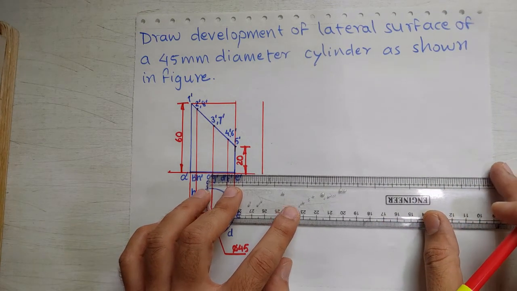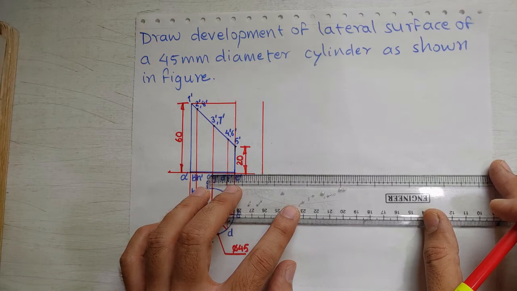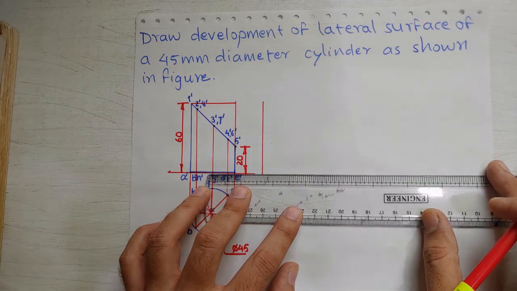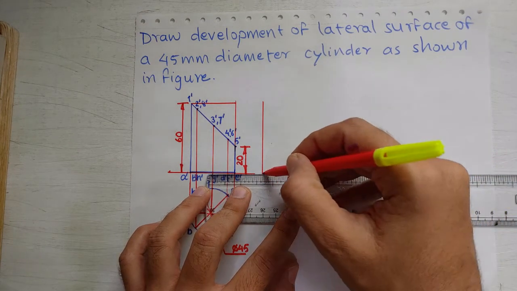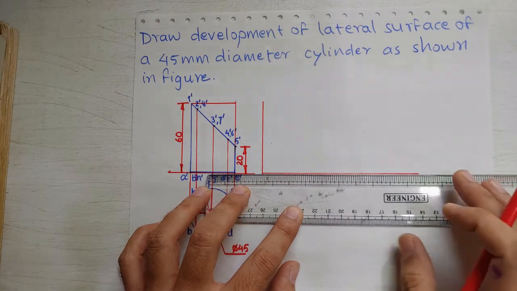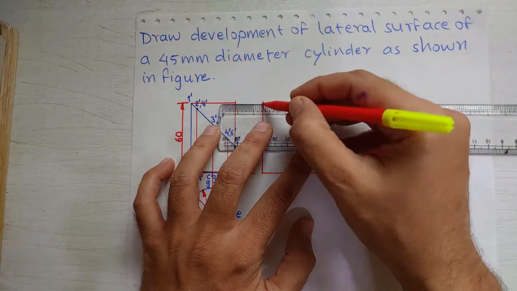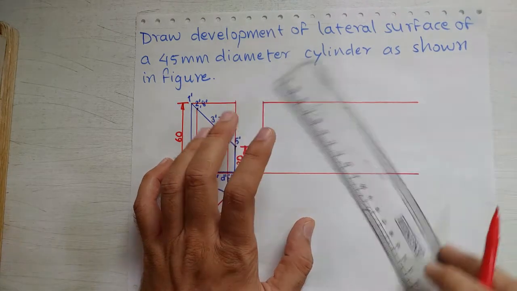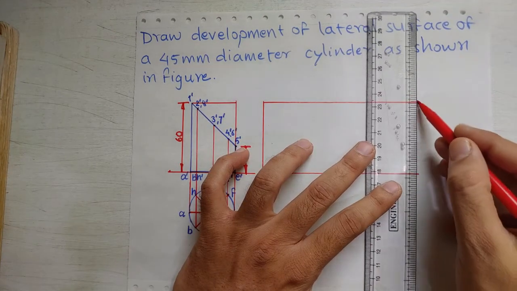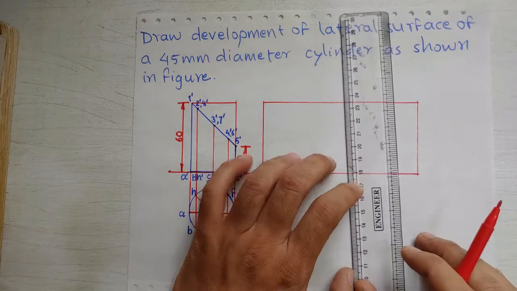By calculation I would know the pi d value and what the length of this rectangle should be, and remember that I am going to draw this with thin lines initially, and then make it thick as and when required.